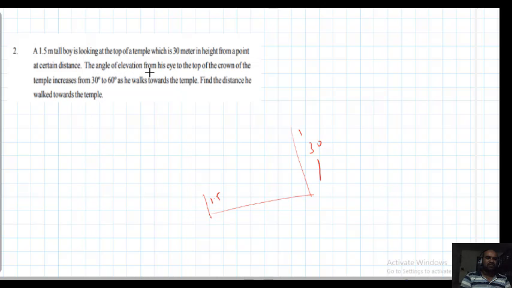The angle of elevation from his eye to the top, the crown of the temple, increases from 30 to 60 degree as he walks towards the temple. So initially this is the eye of the observer, this is the vision ray, this is the horizontal ray, this angle is given as 30 degree.